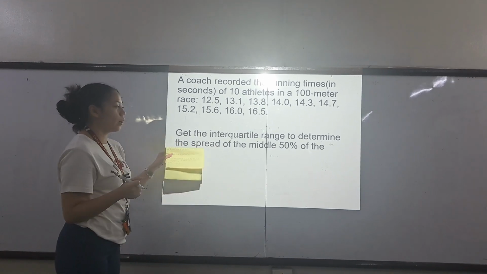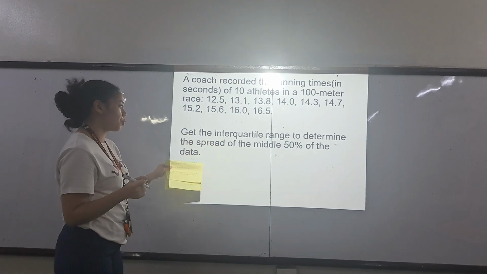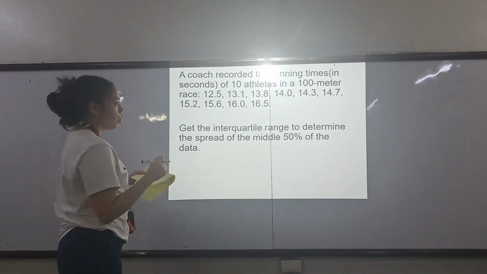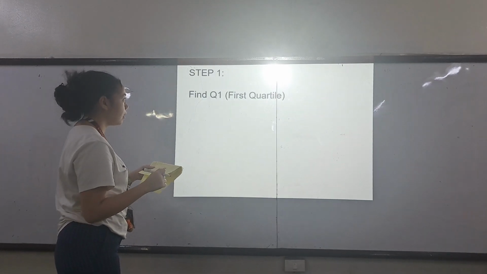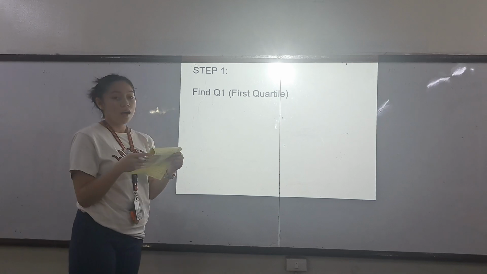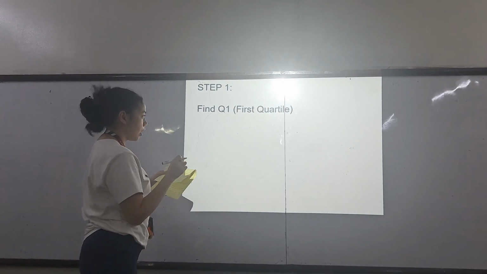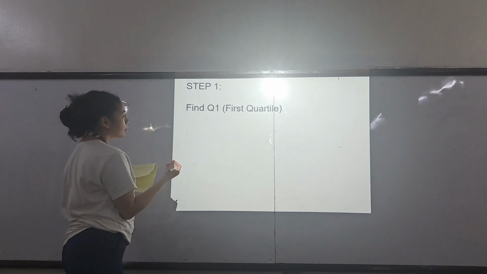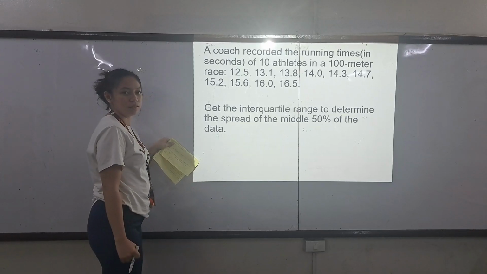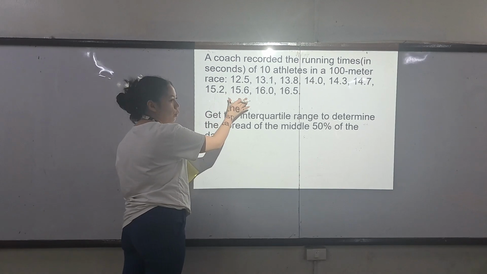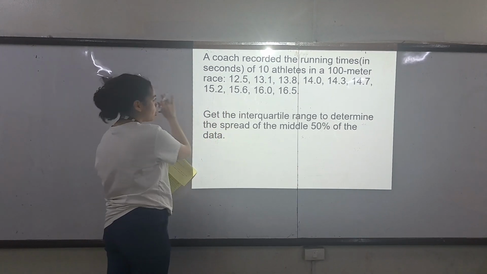Get the interquartile range to determine the spread of the middle 50% of the data. The first step again is to find the first quartile, but first we need to arrange the given values. Since the given values are already in ascending order, let's just rewrite them.